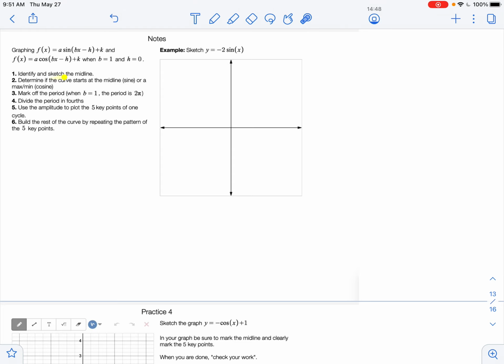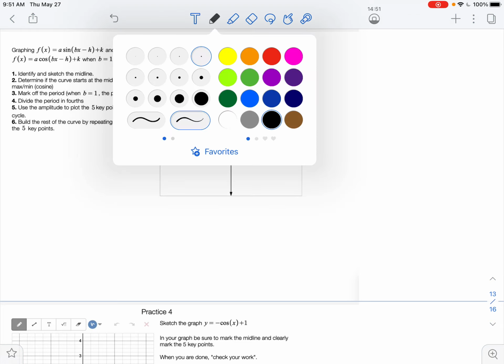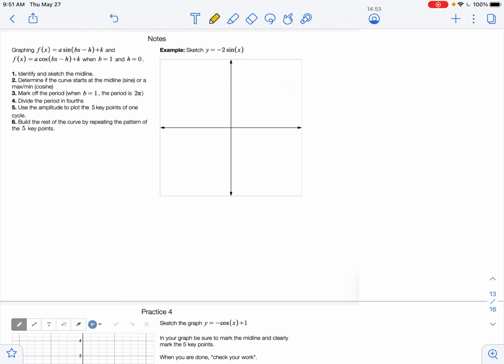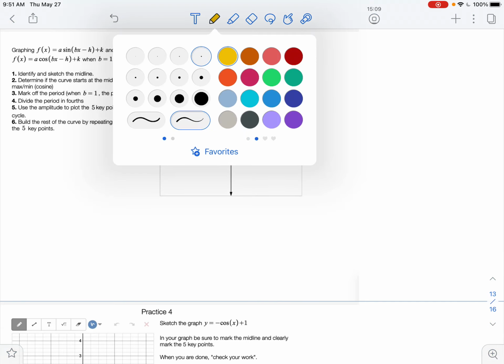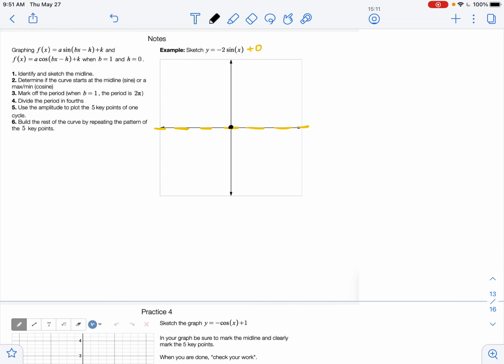So we're still going to sketch and identify the midline. I see that there is no numerical value added or subtracted to the trig term, so I'll plot the midline at y equals 0. I'm going to determine if the curve starts at the midline, meaning it's sine, or a max or a min, meaning it's cosine. I see that it's sine, so I will start at the midline here.